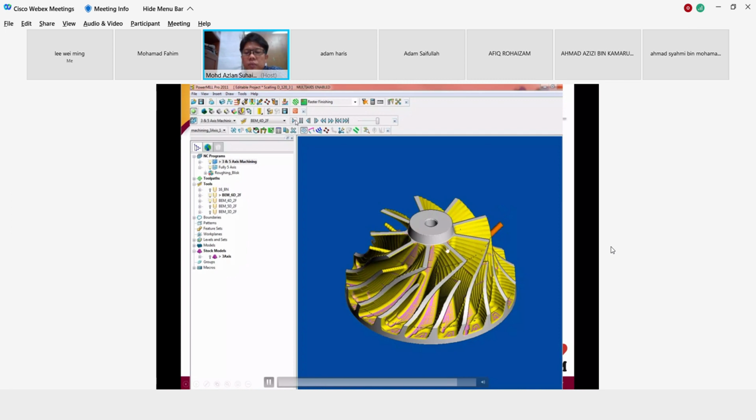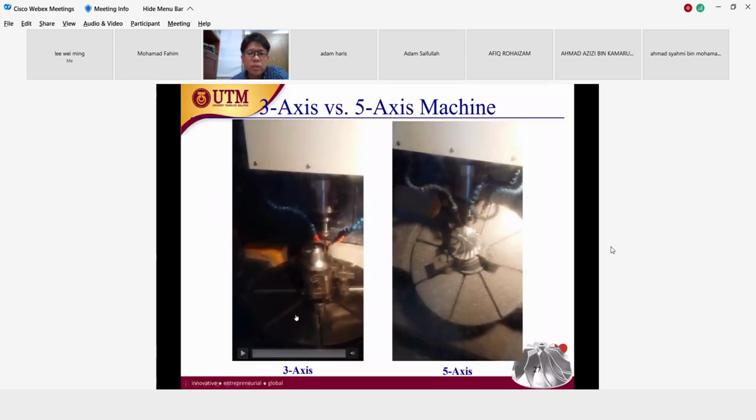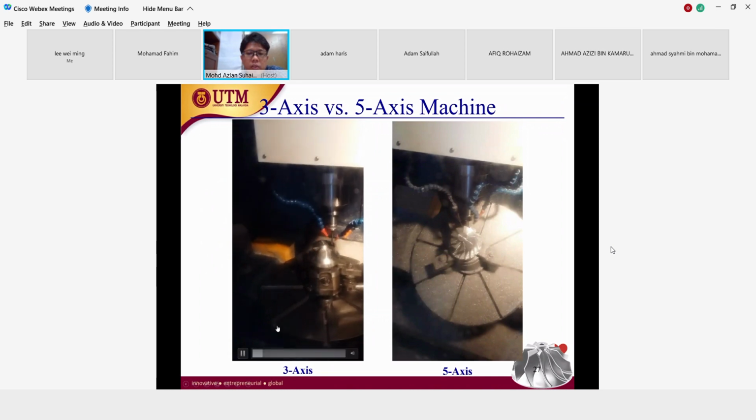Then if you are satisfied, you can take this tool path and send it to the machine to cut it. For example, here this is real machining.